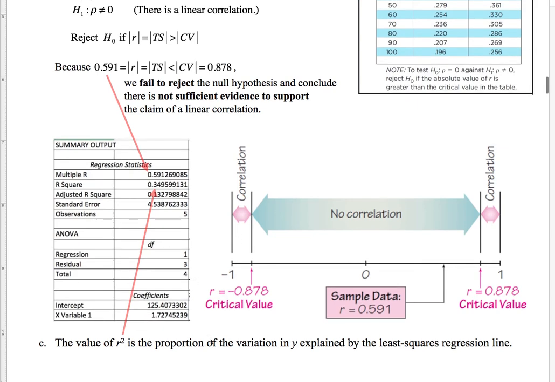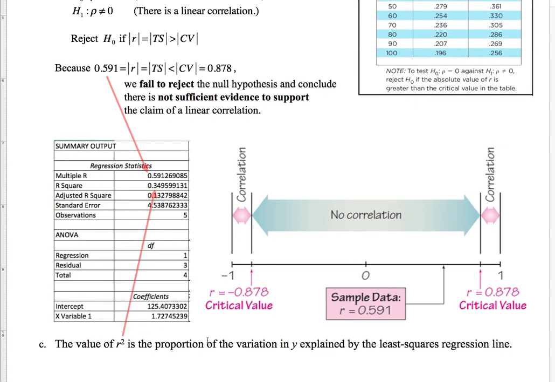Now in part C, we're asked the proportion of variation in y that is explained by the least squares regression line. And that is just this r squared. Of course we could put that in our calculators and square it, but Excel has very kindly done that for us.